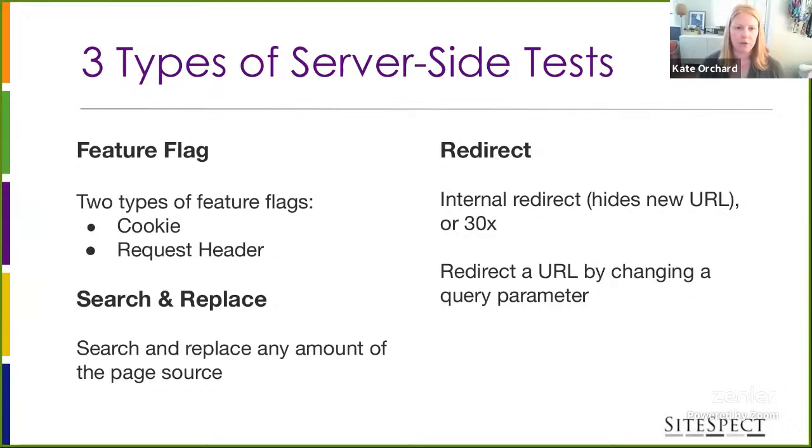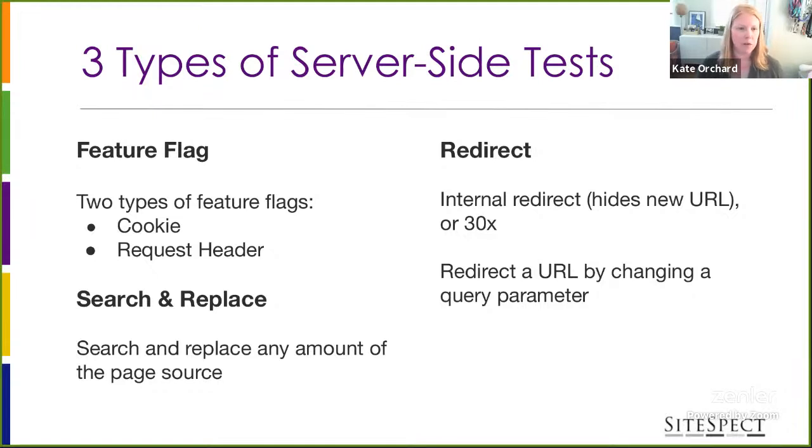But this can also flag your origin to say, okay, use our vendor A or vendor B. So vendor bake-offs are a pretty common one that we see a lot, and you can really test completely different vendors for things like search or reviews or recommendations and that sort of thing.